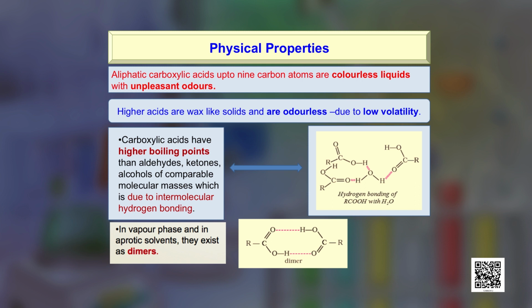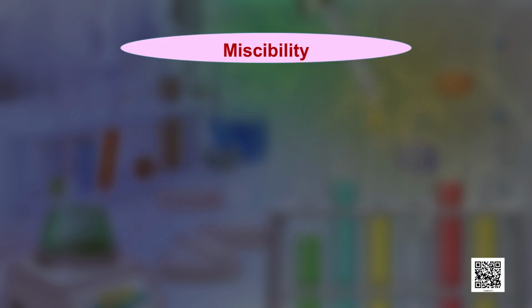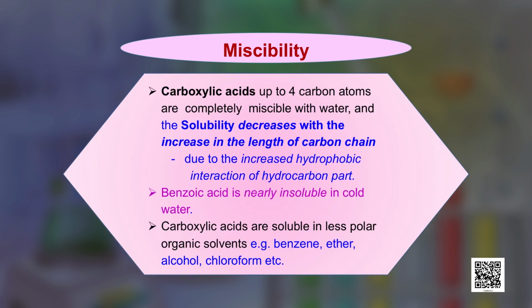In vapor phase and in aprotic solvents also, this hydrogen bonding plays an important role and the molecules exist as dimers. Coming to the miscibility, the carboxylic acids up to 4 carbon atoms are completely miscible with water, but the solubility decreases with the increase in the length of the carbon chain, which is due to the increased hydrophobic interaction of the hydrocarbon part with the solvent, that is water.